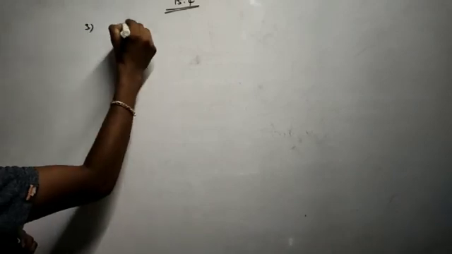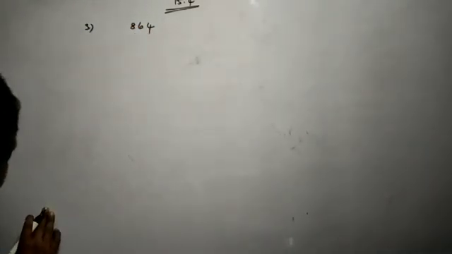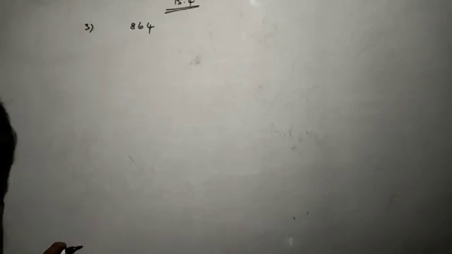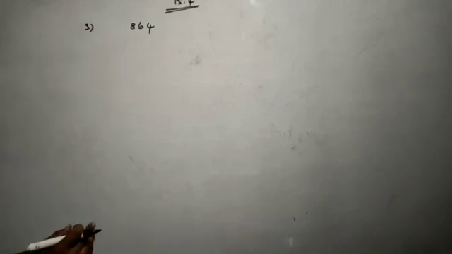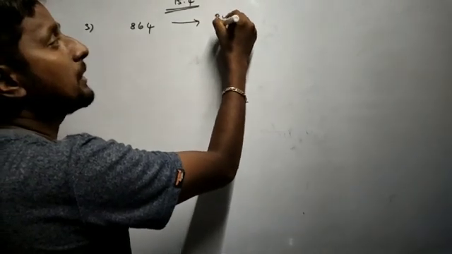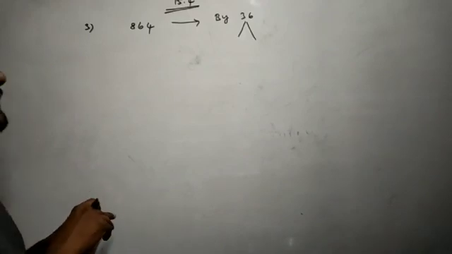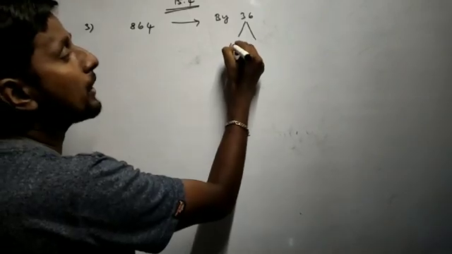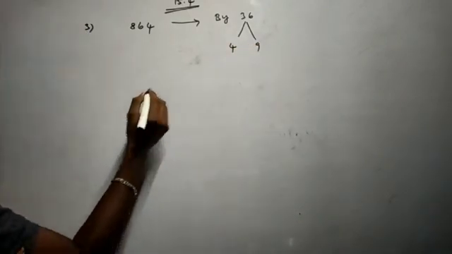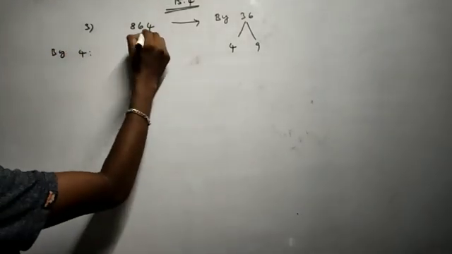Yeah, third problem is 864. Check whether 864 is divisible by 36 or not, and also check whether it is divisible by all the factors of 36 or not. By 36. So 36, try to take two different numbers, okay? So I can take 4 9s are 36, correct? So by 4, what is the rule?